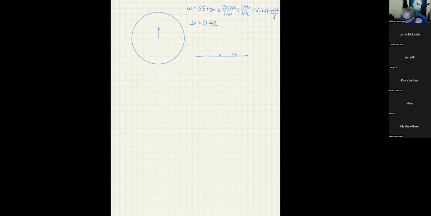So if I draw a coordinate system right here, this will be the x-axis and this will be the y-axis.